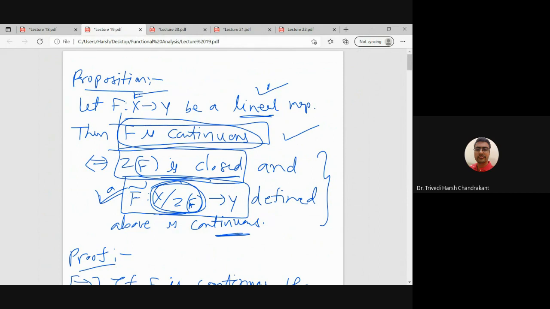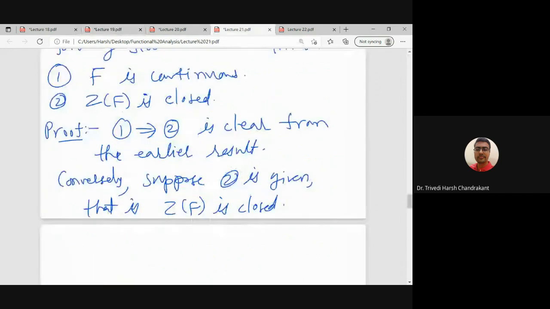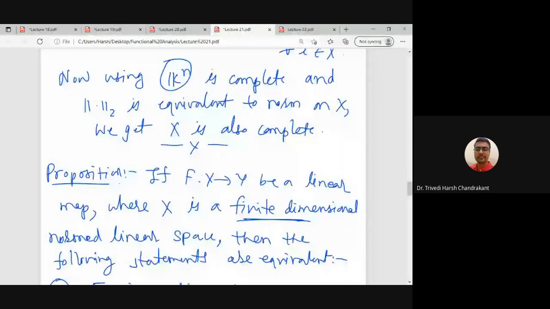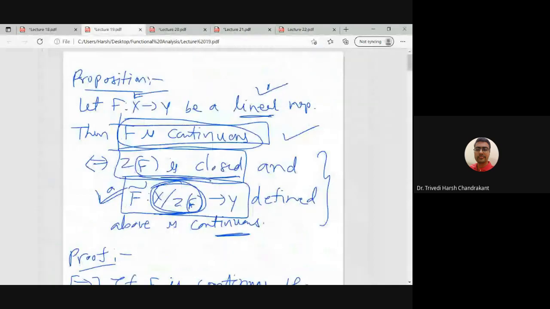So to discuss the quotient map, what we'll assume is that the range of X is finite dimensional, because we know the rank nullity theorem. The rank nullity theorem says that the domain is a direct sum of the kernel and the range.